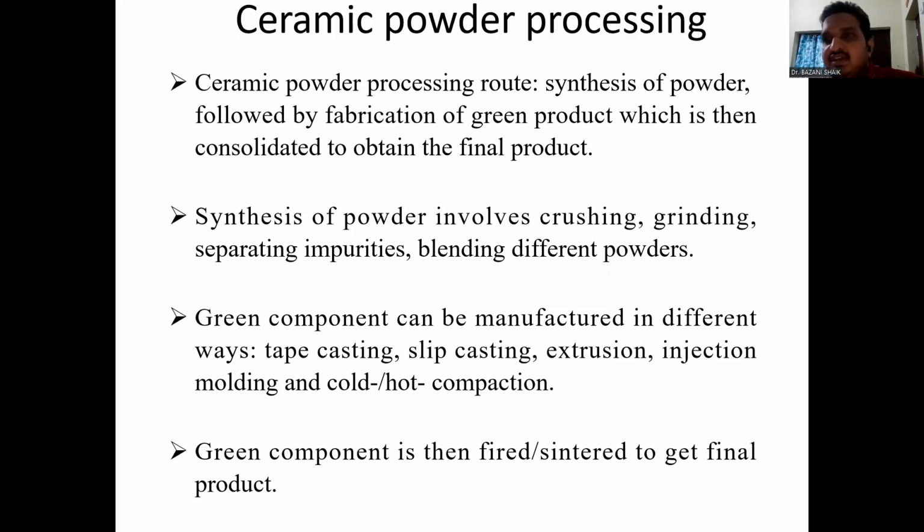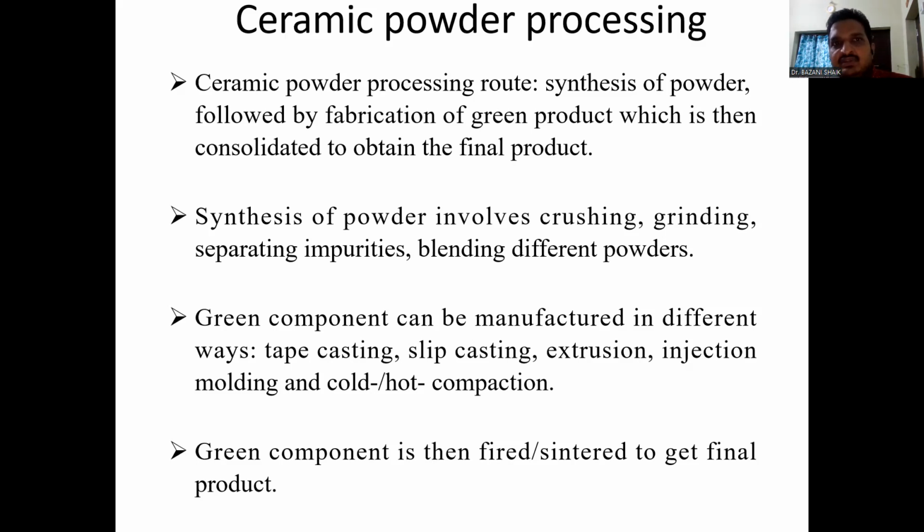And when we are discussing ceramic powder processing, it involves the synthesis of the powder and the fabrication of the green product, which is then consolidated to obtain the final product. The final product is the most important stage in the process. The synthesis of the powder involves crushing or grinding and separating into different powders.